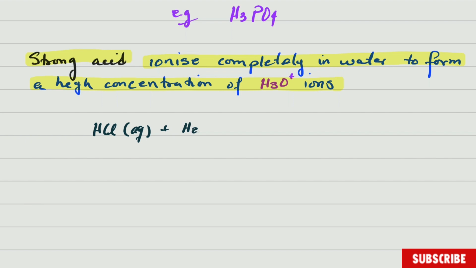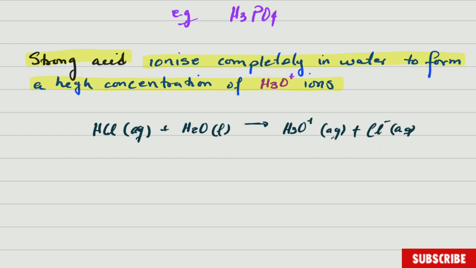What is going to happen is that hydrochloric acid is going to ionize in water. It's going to make ions, guys. So in this case, it's going to form H3O+ aqueous, which are ions in water, and it's going to form chloride ions.